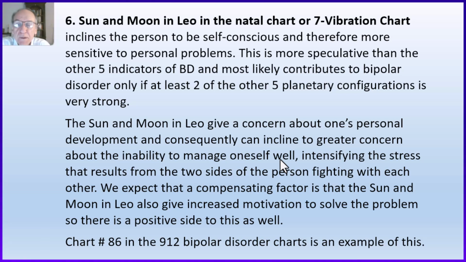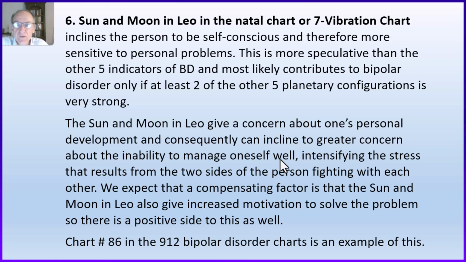This is what our astrological model is suggesting to us, that you're pulled both ways. And then Leo, which is so concerned about his personal development, is getting very stressed out. So the person with Leo is getting more stressed out by their inability to manage themselves well than other signs.